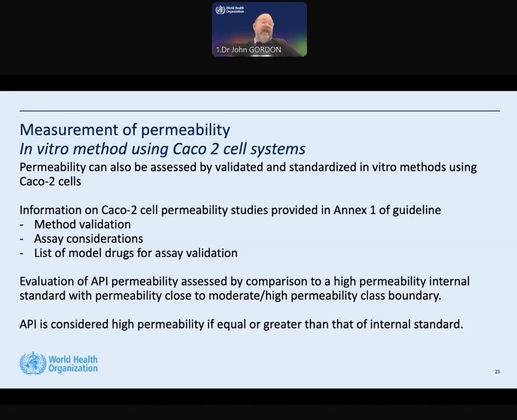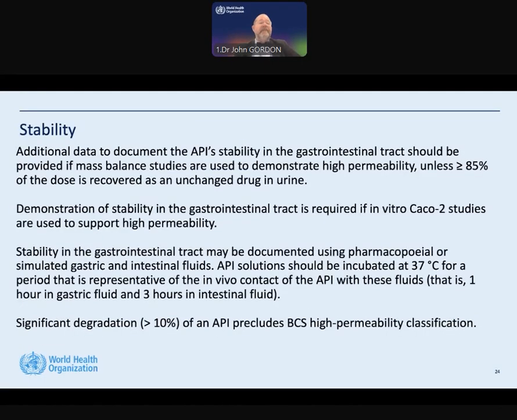But basically, evaluation of API permeability is based on the comparison of its permeability to internal standards of known high permeability. And again, if the API is showing that it's got permeability the same as or greater than those internal standards, then it's considered to be highly permeable.